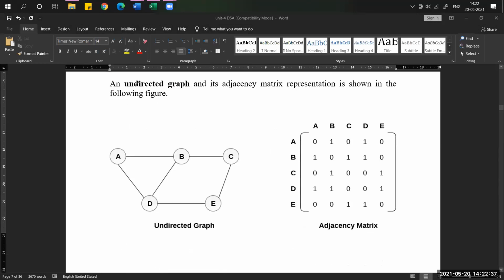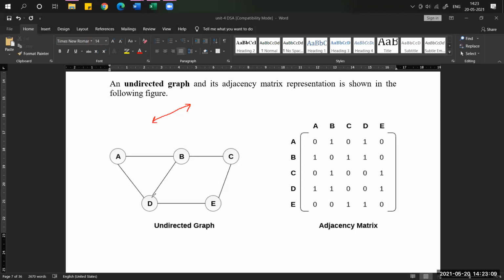Every edge does not have a direction. Direction means arrows. If an edge is simply a line like this, then it is an undirected graph. If the edge has a direction, forward or backward, whatever it is, then it is said to be a directed graph. The important point to remember is that the computer stores the data based on the graph.